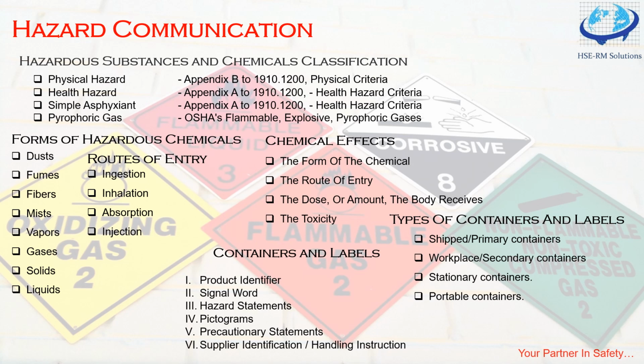What are the precautionary statements? In case it leaks, in case the exposure happens, in case you are being exposed to it. There it comes, and you can mention it in the 5th column. The 6th column is supplier identification or handling instruction. This contains the name, address, and telephone number of the manufacturer and supplier of the substance or mixture.